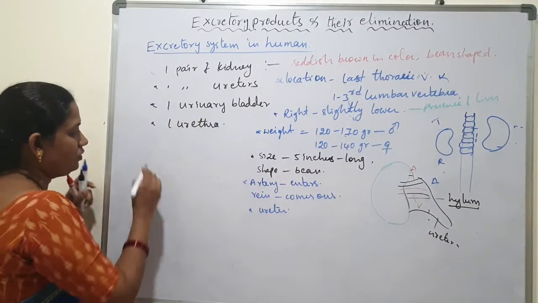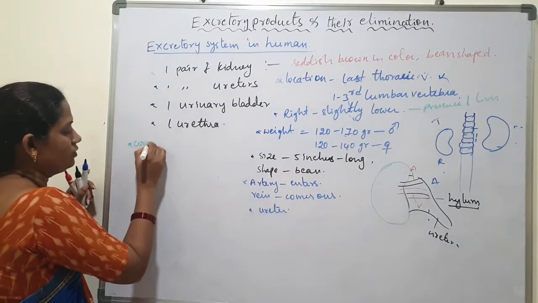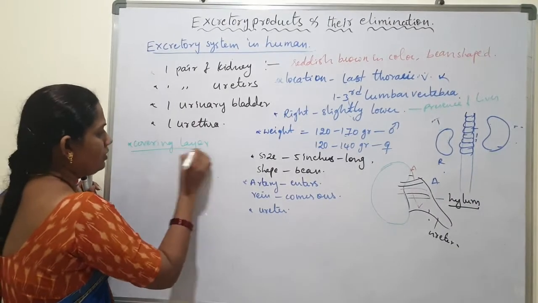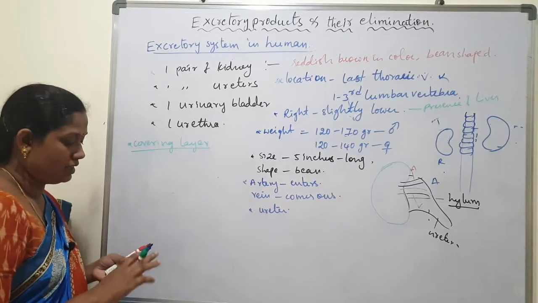Next, the covering layers. Normally the kidney is covered by three layers.